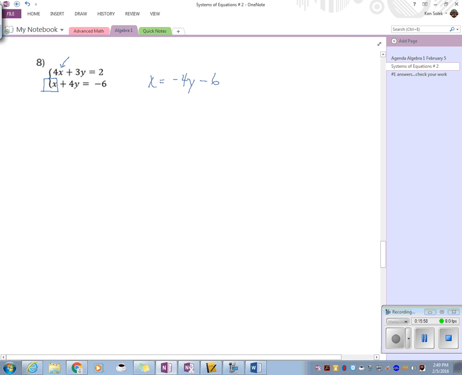So 4 times negative 4y minus 6, that comes from here, plus 3y equals 2. So this equation is 4x plus 3y equals 2. It's this equation here.